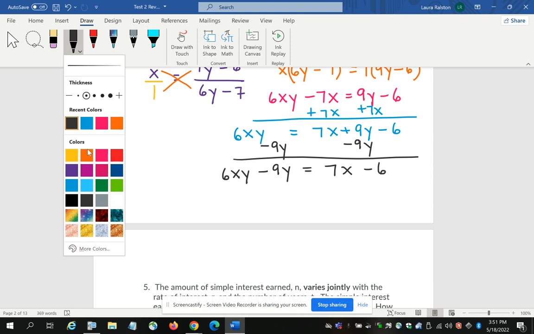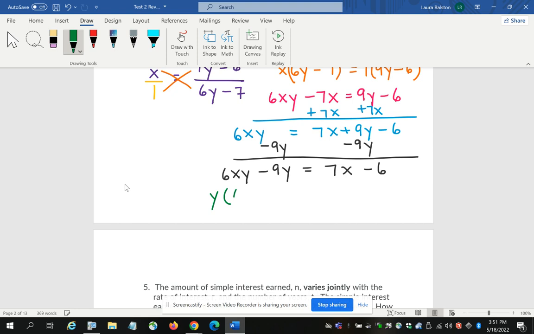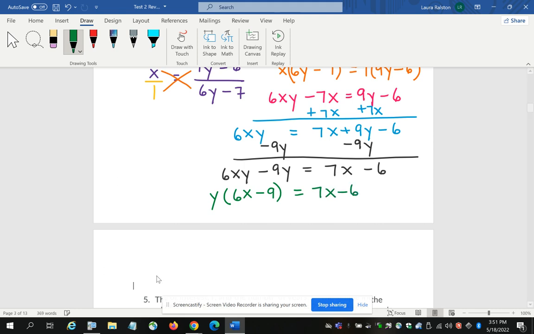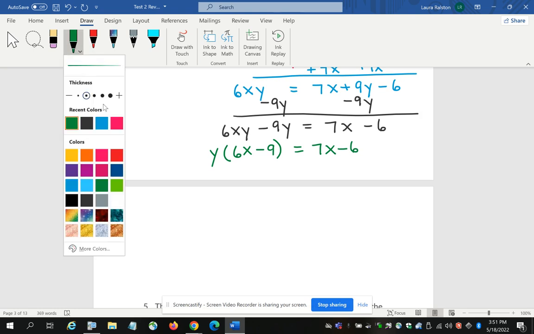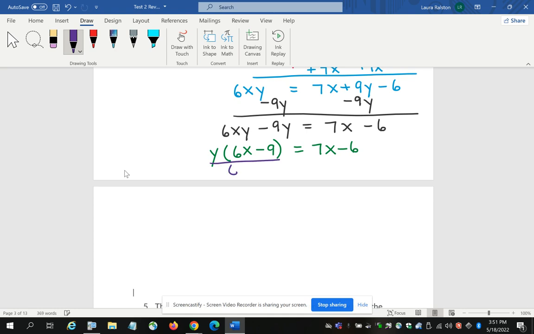I notice I have a common factor of y, so I'm going to factor out that common factor of y. So I have y times 6x minus 9 equals 7x minus 6. And then, again, I'm trying to solve for y, so I'm going to divide both sides by 6x minus 9, so that I have y equals 7x minus 6 over 6x minus 9.